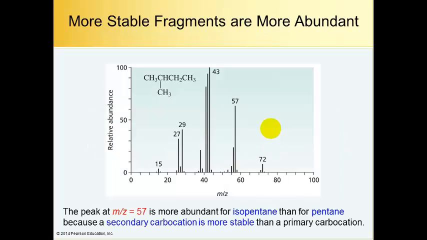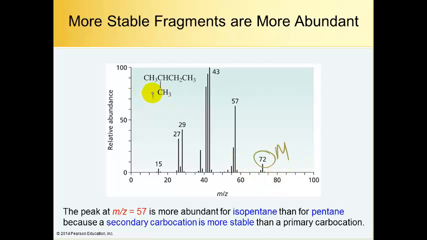So the more stable fragments are more abundant. Here is a perfect example. This is just a constitutional isomer of the one we just looked at. In this situation though, we can break one bond and we can form a secondary carbocation. You can see that the molar mass, the molecular ion, is still 72.